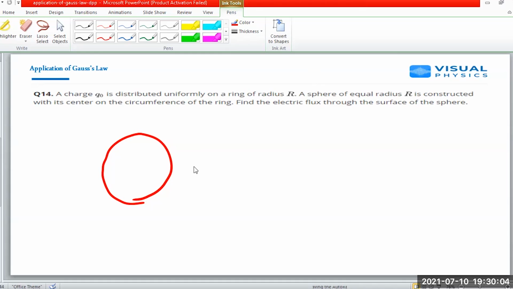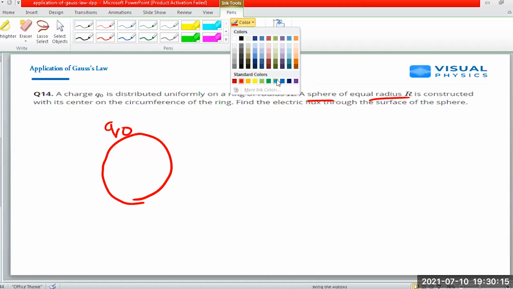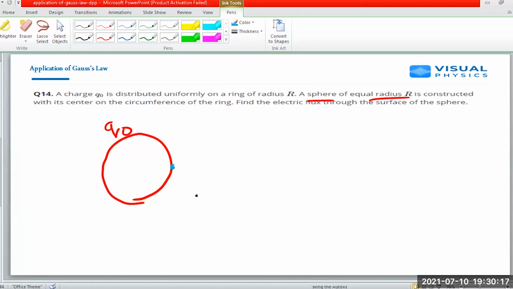Next. A charge Q0 is uniformly distributed on this, and then a sphere of equal radius is constructed with its center on the circumference of the ring. So it is passing through its center.